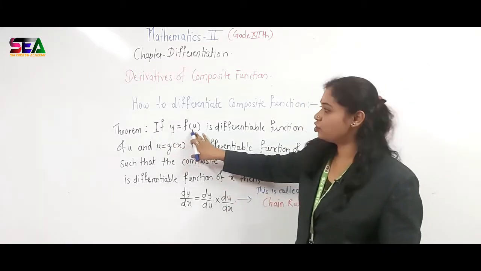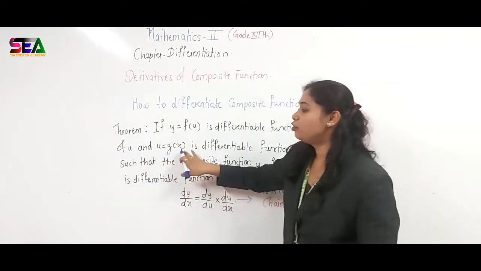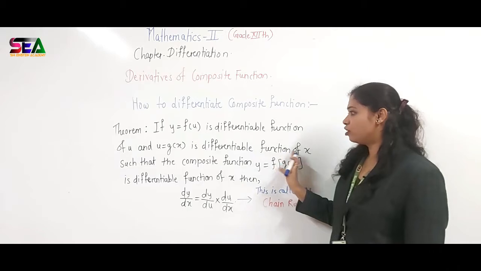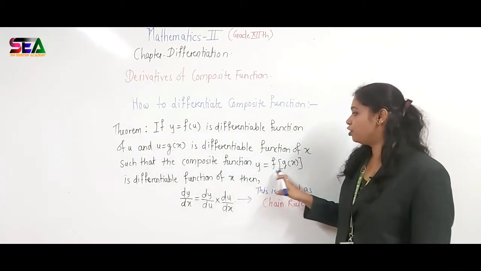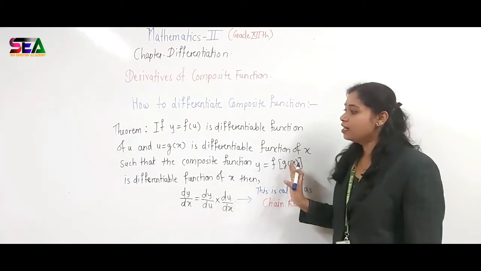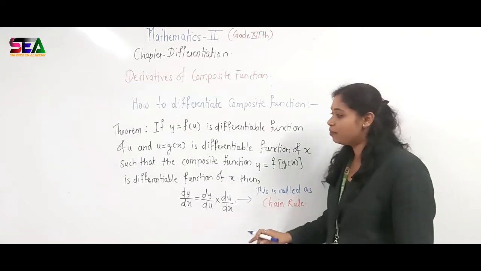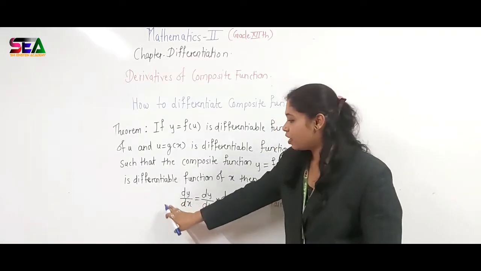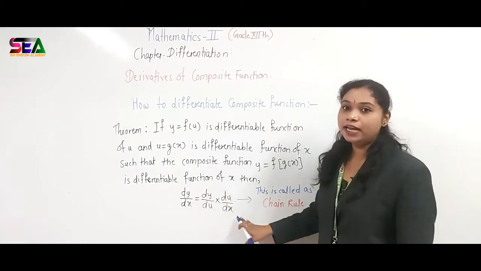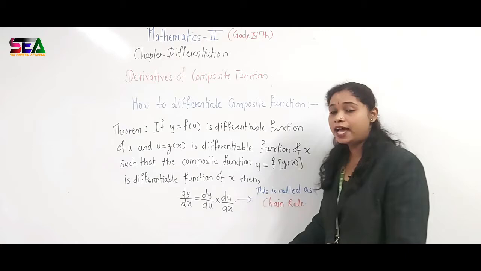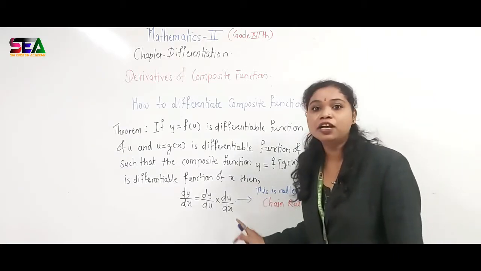If y is a differentiable function of u, and u equals g of x is a differentiable function of x, such that they form the composite function y equals f of g of x, then the differentiation of this function with respect to x is given by the formula dy by dx equals dy by du into du by dx. That formula has lots of importance in derivatives and is named the chain rule.